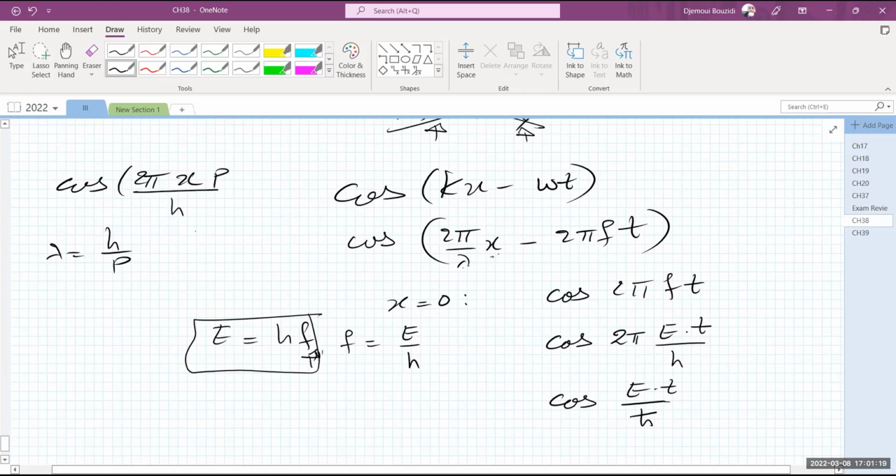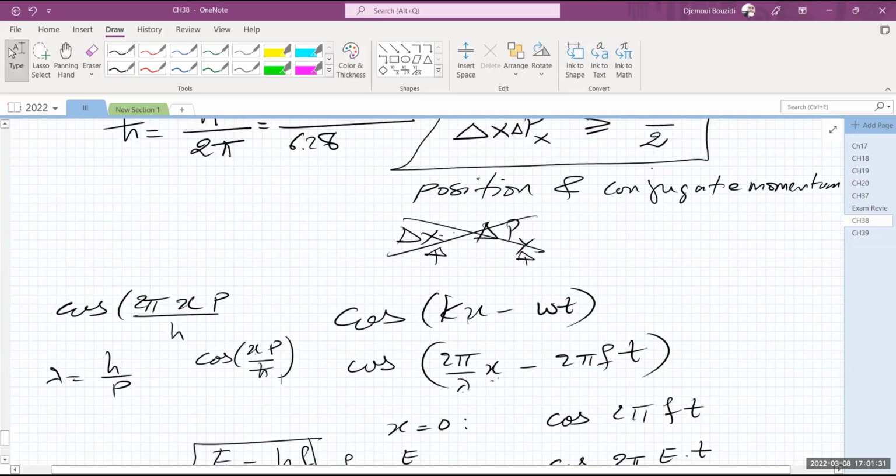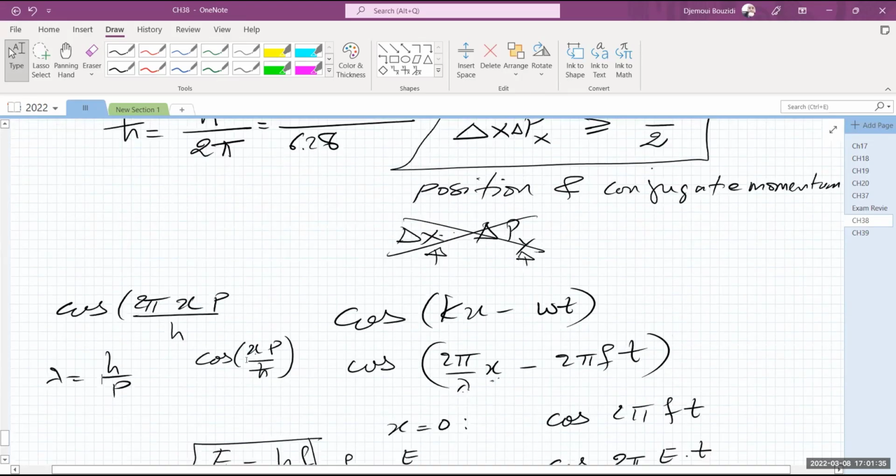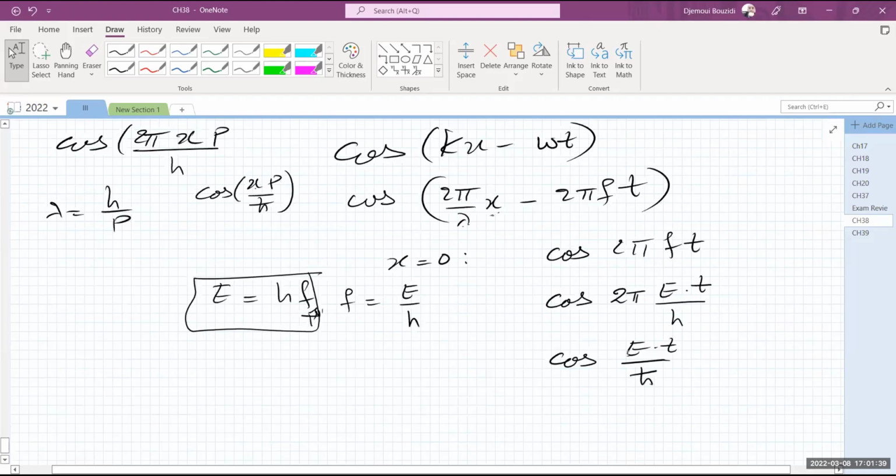So the spatial part of it has x times p over h bar. Again, this is where the connection between x and p comes from. Because this is actually a dot product, the two quantities here have to be conjugate to one another. So x and p, and there is the h bar between them. Here, E and t and the h bar between them.